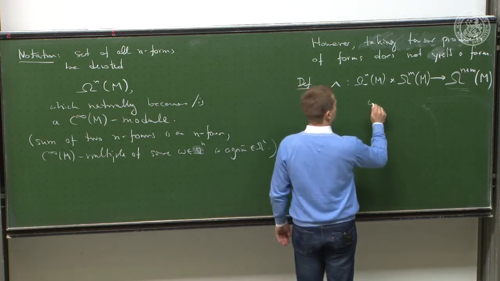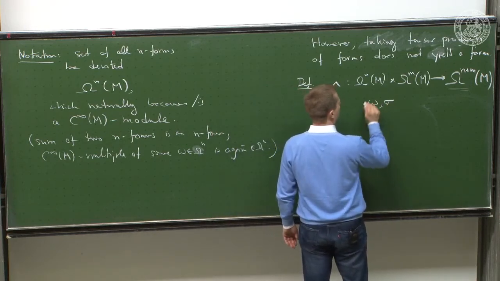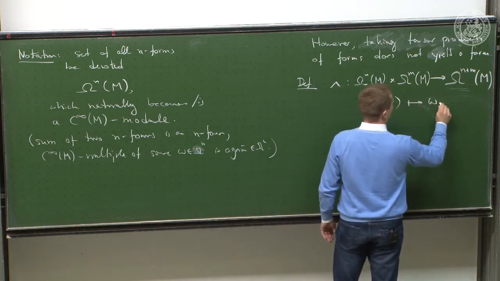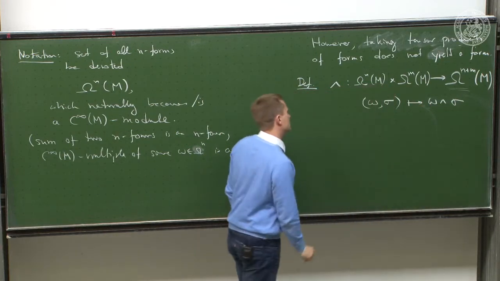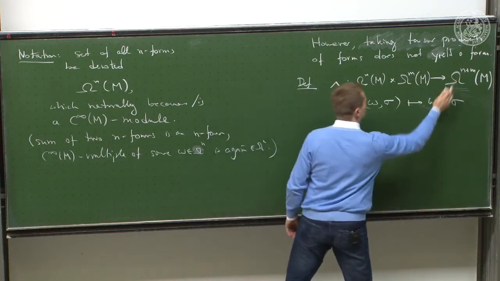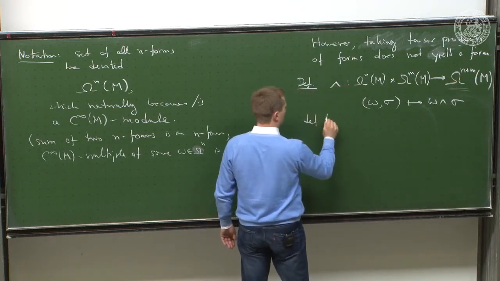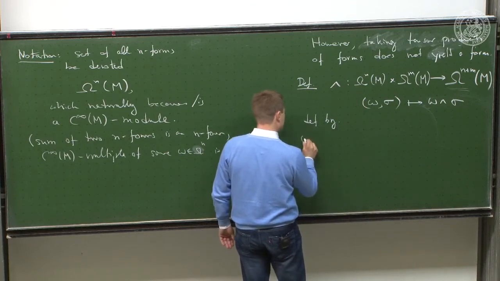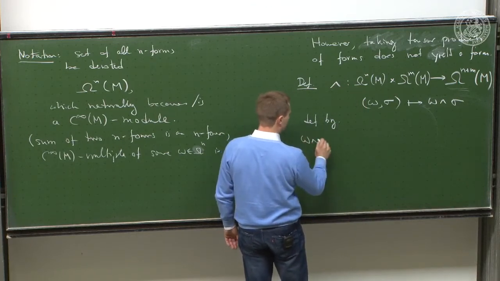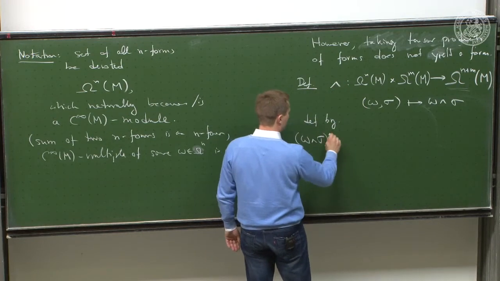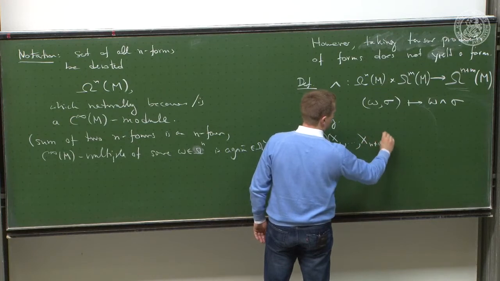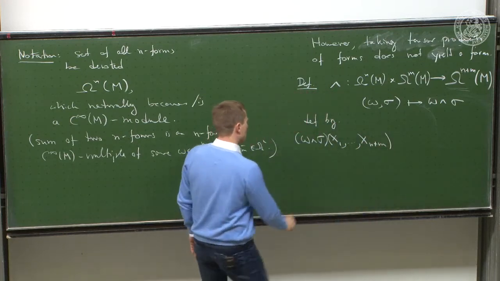So we take an n-form omega, an m-form sigma, and we send it to omega wedge sigma. But how is this defined? Well, if this is an (n+m)-form, we can define it by having it act on n+m vector fields. Omega wedge sigma acting on X_1 to X_{n+m}.